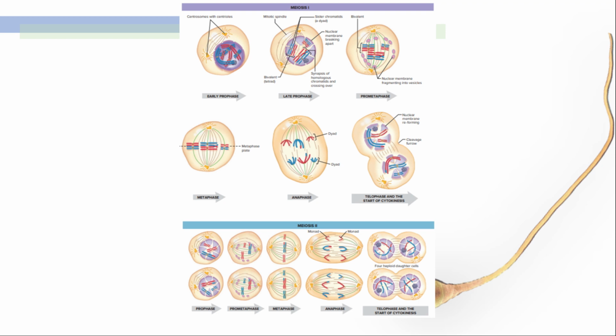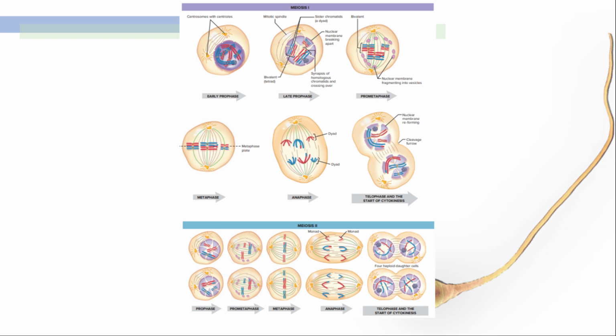During metaphase 1, nag-a-align yung mga chromosomes, but ang difference nito sa metaphase ng mitosis, doon sa mitosis, isang layer lang ng chromosomes yung na-form along the metaphase plate. Dito naman sa metaphase 1, dalawang layers ng chromosomes ang na-form. And I would also like to mention again na nangyayari yung tinatawag na independent assortment.